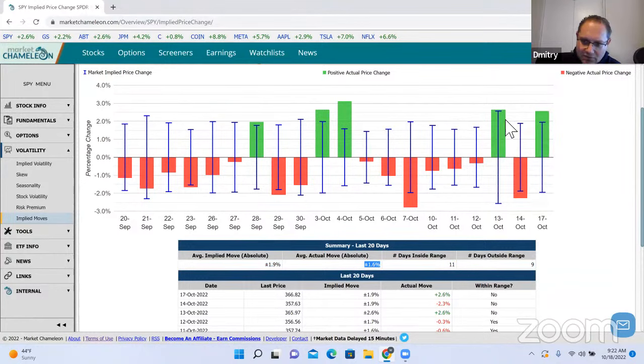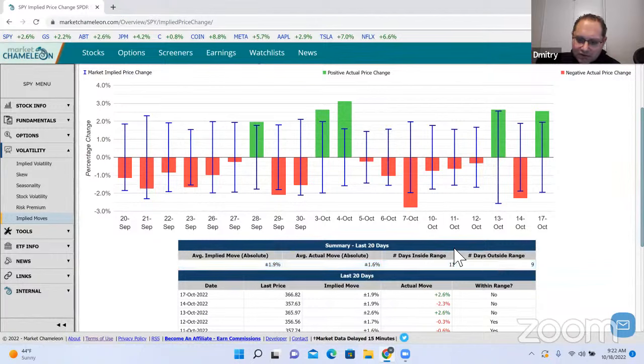Even though we had a couple of these breakthroughs, a lot of them were, by the end of the day, finished within that range. On average, then, in the last 20 days, the realized moves, if you were hedging them end of day, were less than the implied moves. Okay, implied moves exceeded realized moves.